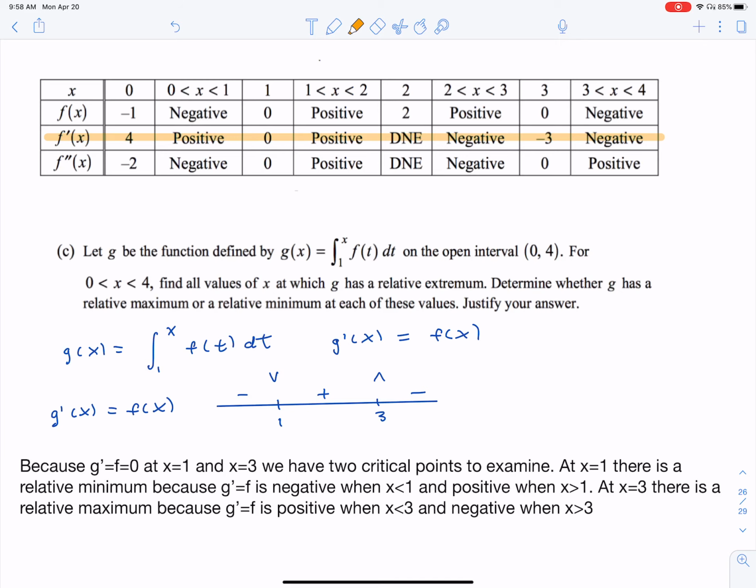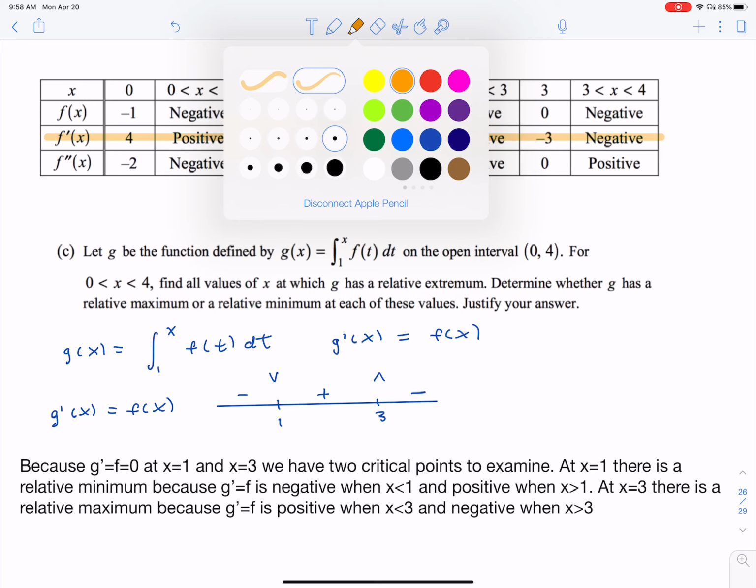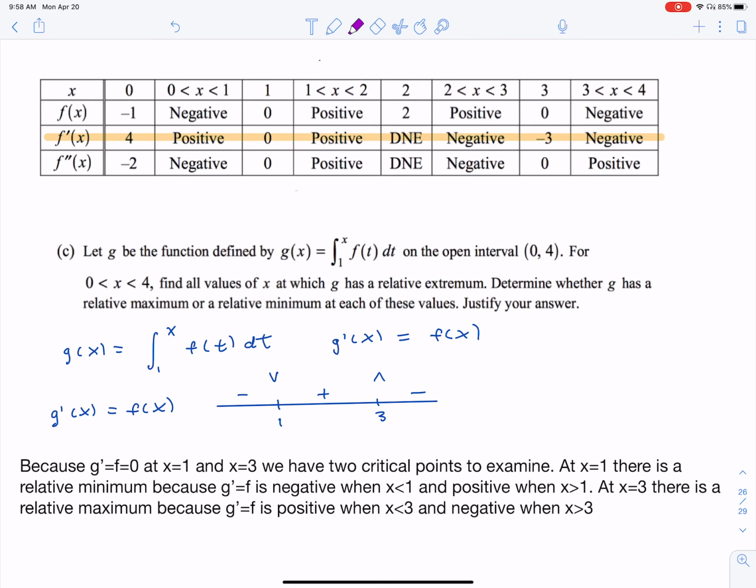I think you'd agree there are two key pieces, and they are here and here.